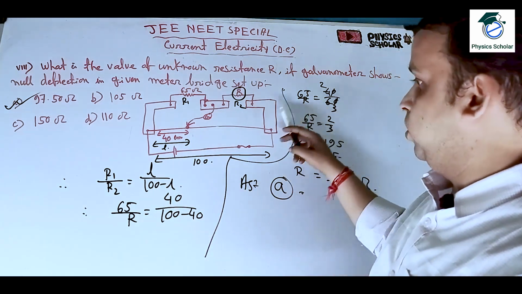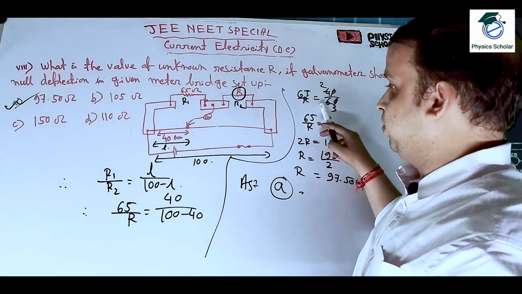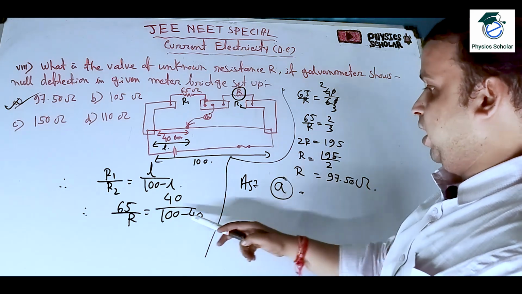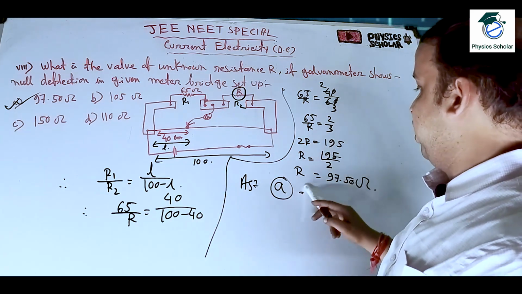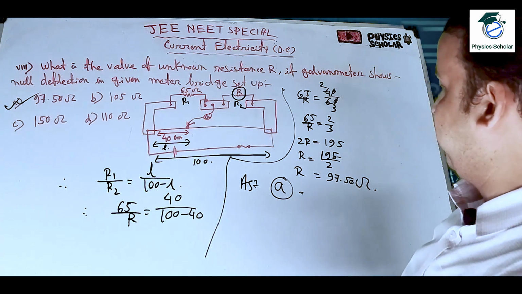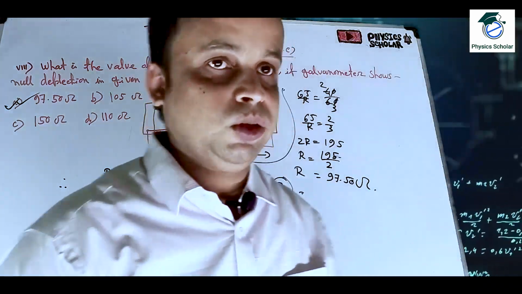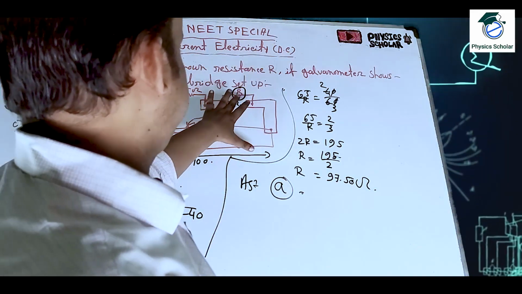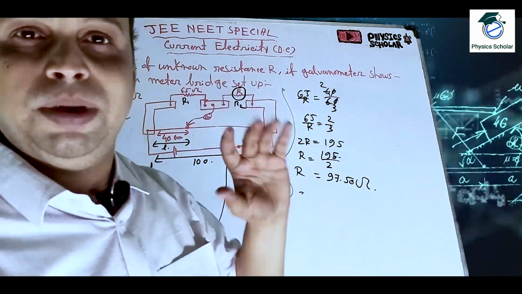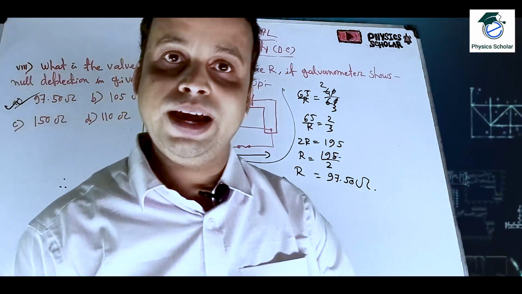Clear? So 65 by R is equal to 40 by 60. 100 minus 40 means 60. So from here we are finding the value of R is equal to 97.5. Clear? So hope you have understood. So that is the value of unknown resistor capital R. By applying the formula directly we can determine.